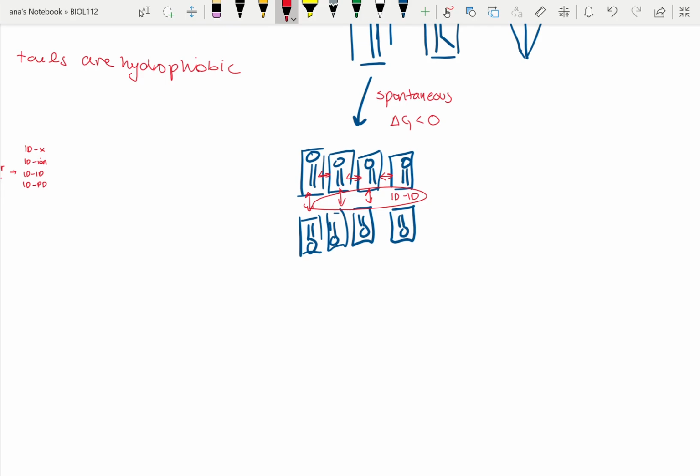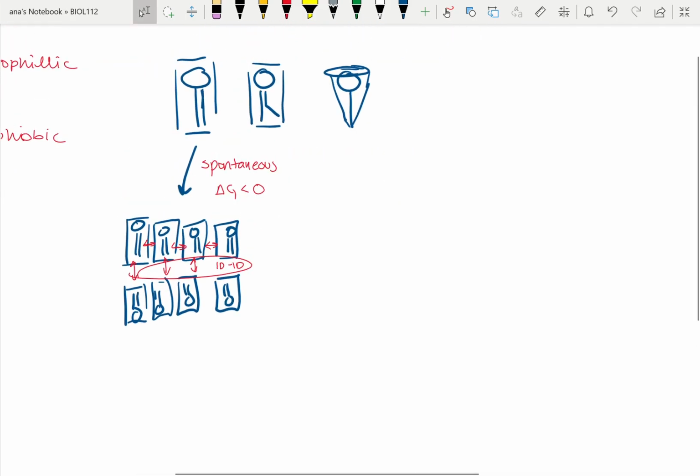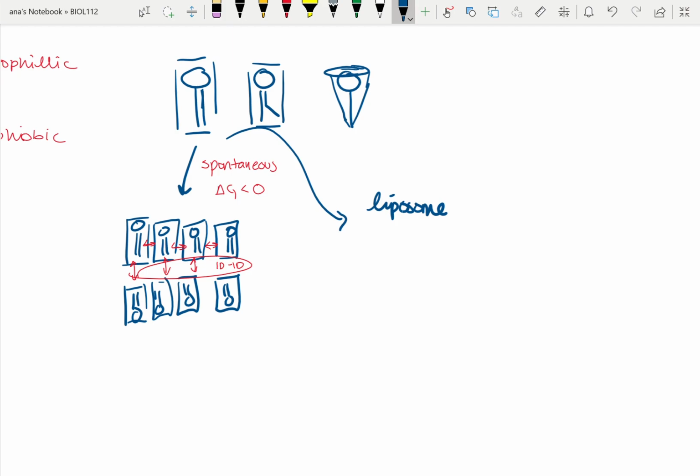So I just want to quickly touch on the other types of lipid formations. The other thing we can talk about is with this two-tailed lipid. You can also get a liposome. The main idea between a liposome and a phospholipid bilayer is that a liposome is just a smaller version of that. So you'll have this donut shape and then this idea all the way around.